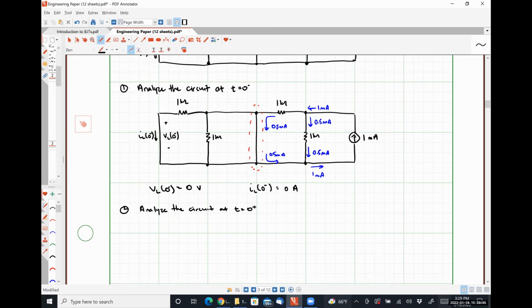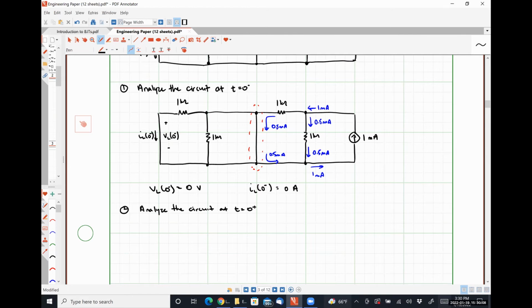Bradley. Isn't that because it's just a single point of time at steady state? It's only transient like a variable key? So the reason, okay, so let's unpack this real quick. For all t less than 0 minus, that's before the switch has changed state. So that's all DC steady state.